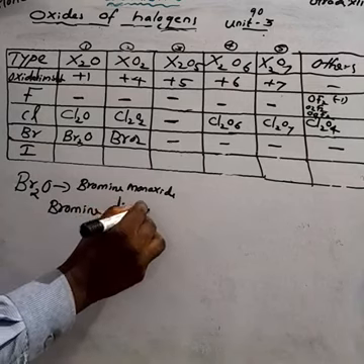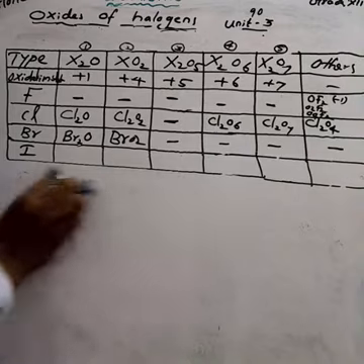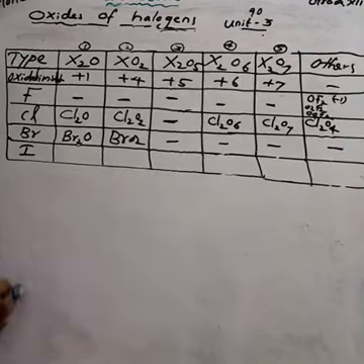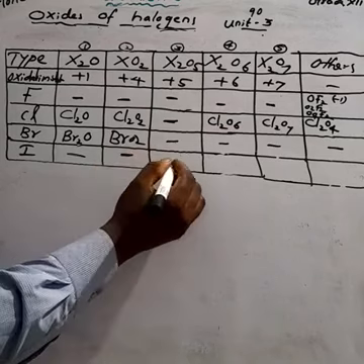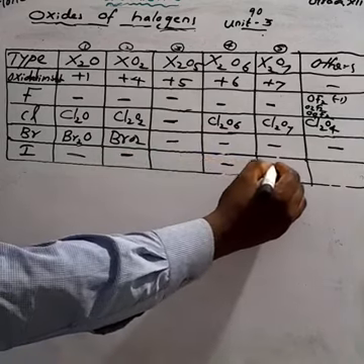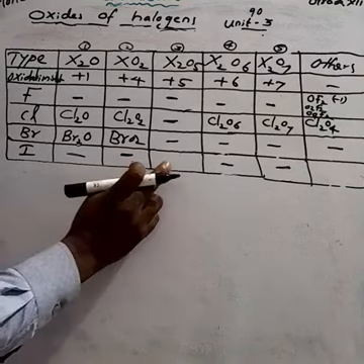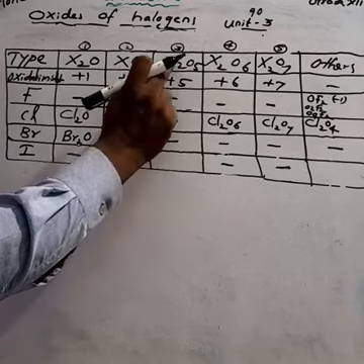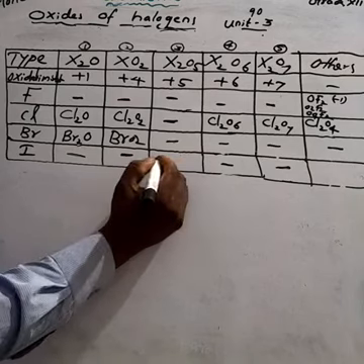The last halogen we discuss is iodine. Dear children, iodine also cannot form X2O, XO3, X2O6 and X2O7. Iodine can form only one type of oxides of halogen, that is only X2O5.